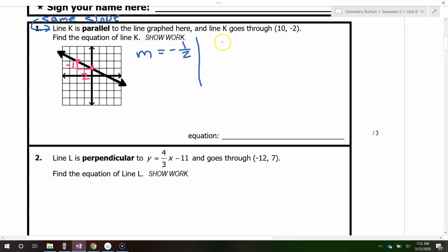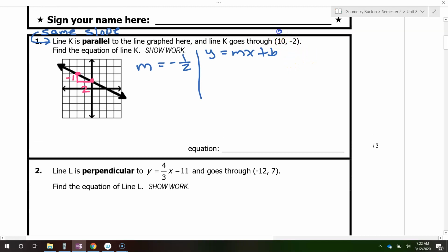So for the y-intercept, I know that y equals mx plus b. That's the slope-intercept form. I can use the 10 and the -2 as an x and a y. So I will have -2 is equal to -1/2 times 10 plus b. That's going to give me -2 equals, half of 10 is 5, so this will be -5 plus b.